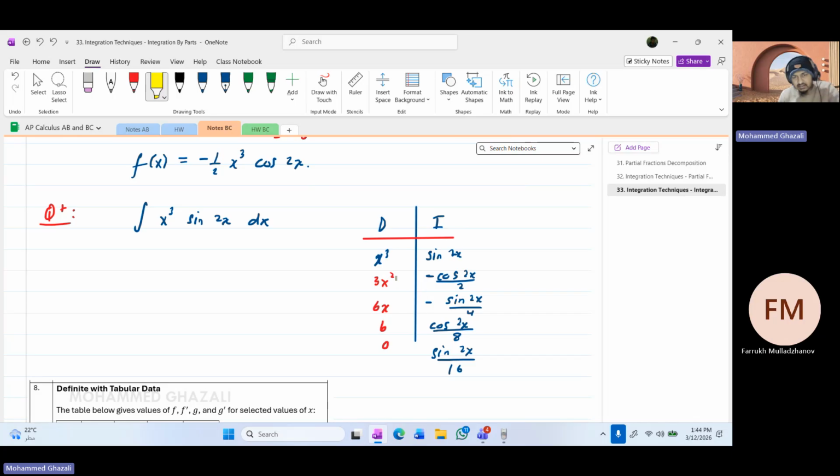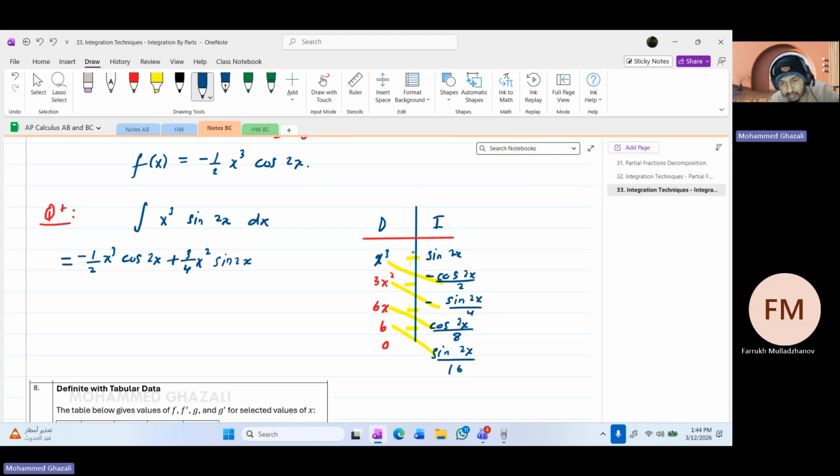So we're going to do this. That times that, that times that, that times that, and that times that. So plus, minus, plus, minus. Right. So my final answer is negative half x cubed cos 2x. Negative negative makes a positive. Positive 3 over 4 x squared sine 2x.